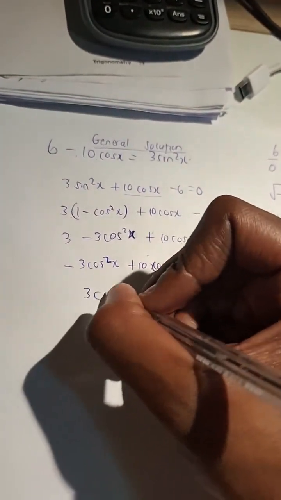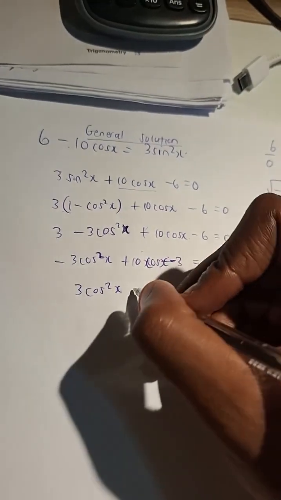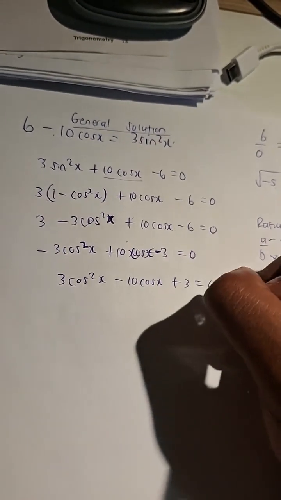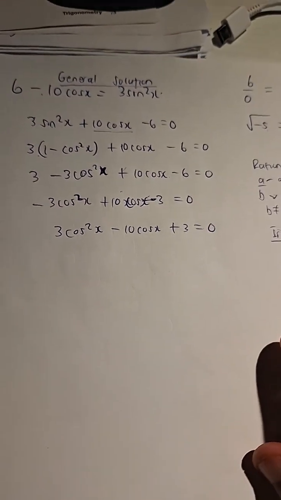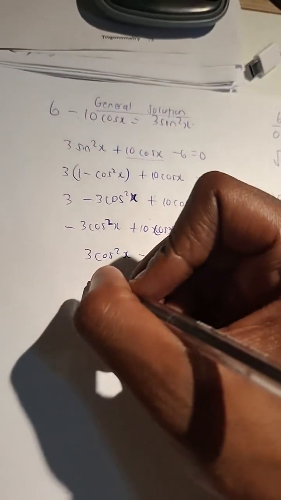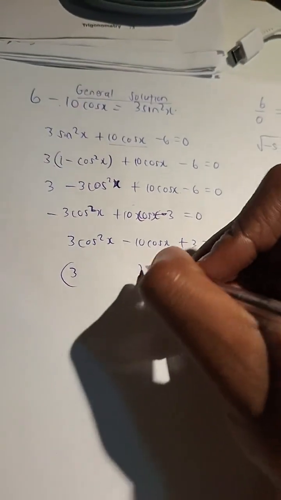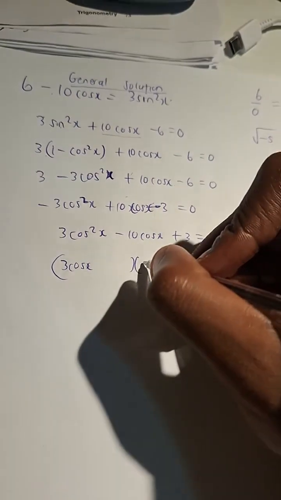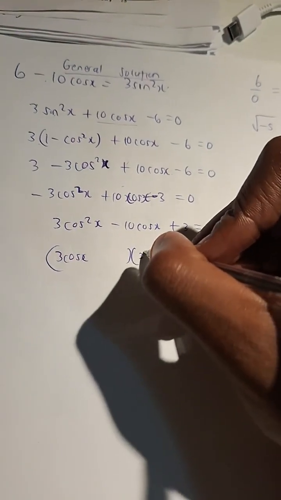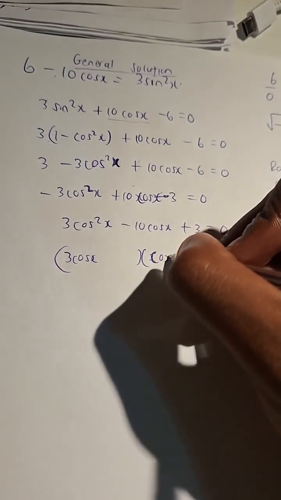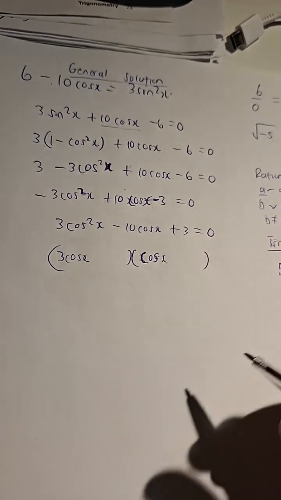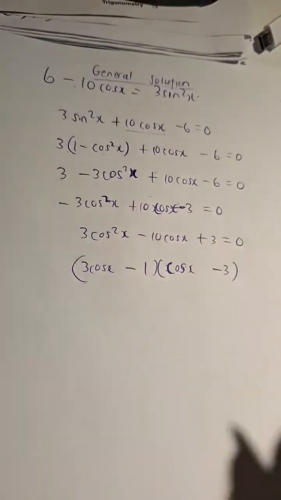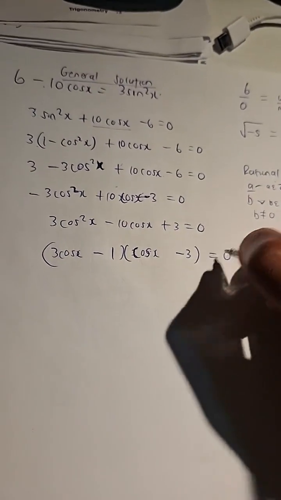So 3 cos squared x minus 10 cos x plus 3 is equal to 0. Seems like factorization could be possible here. 3 cos x times another cos x, minus 3, minus 1 is equal to 0.